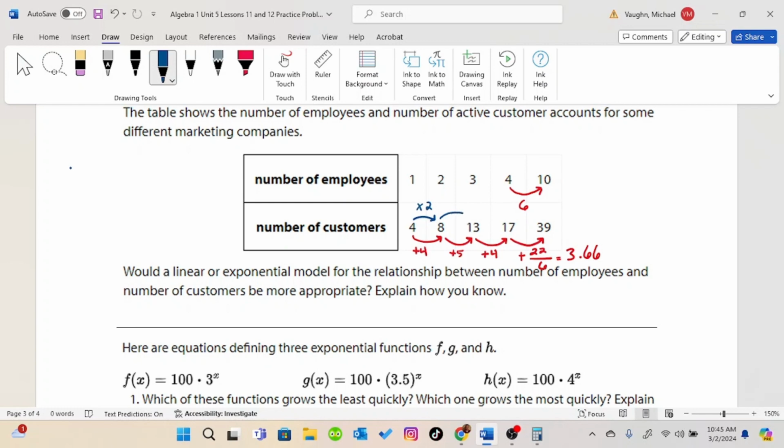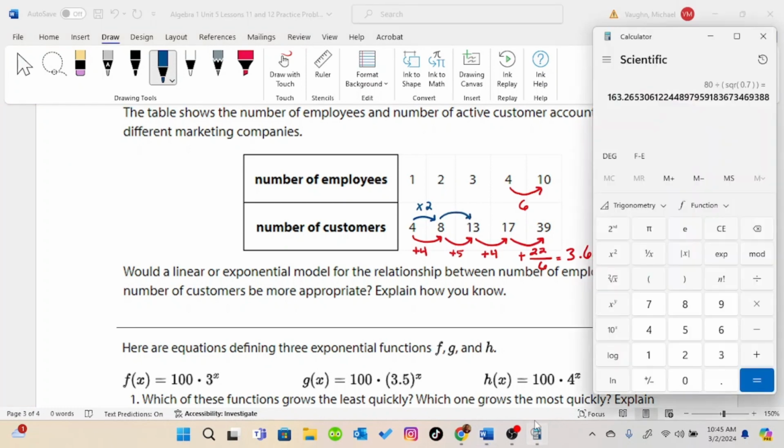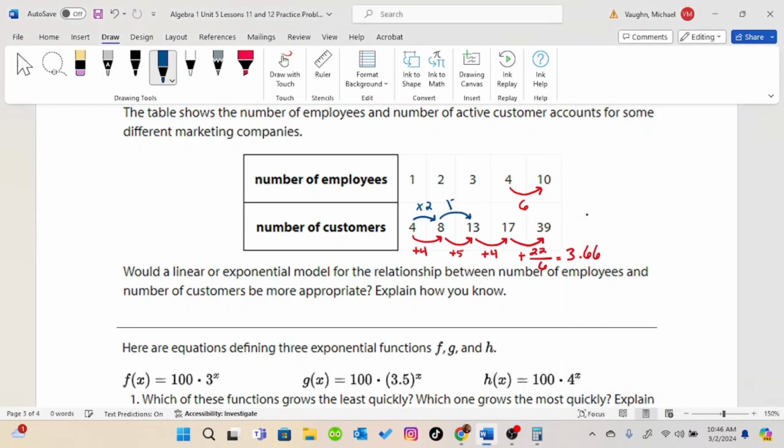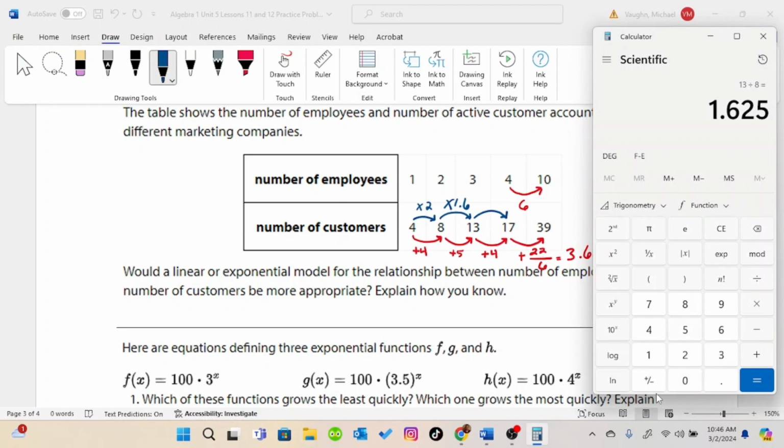But to go from 8 to 13, 13 divided by 8 is 1.6. To go from 13 to 17, 17 divided by 13 equals 1.3.